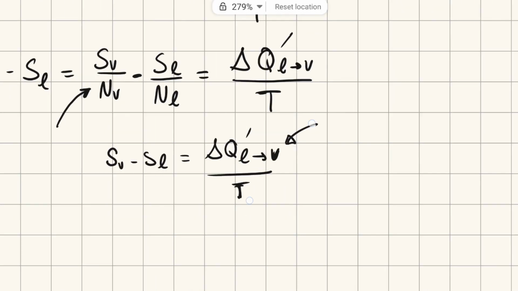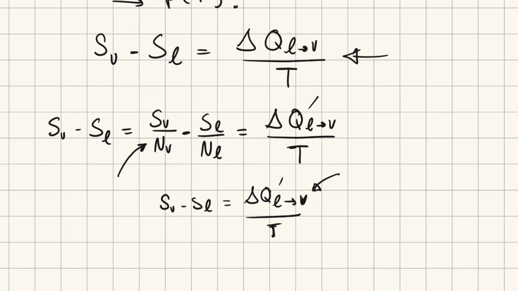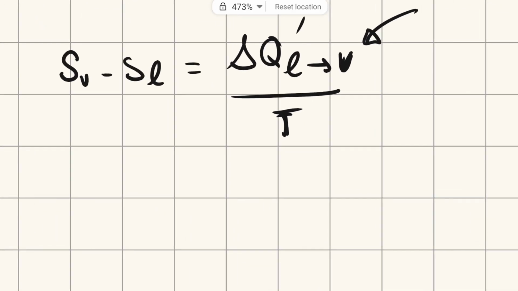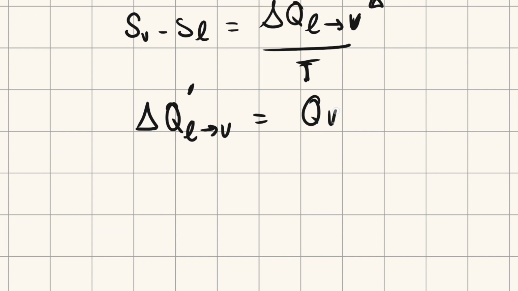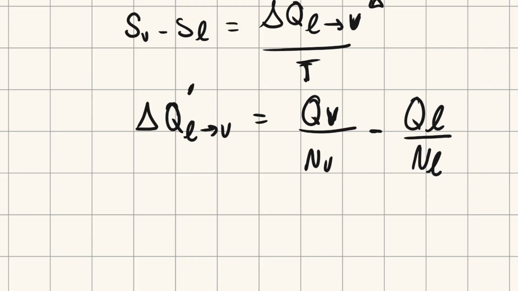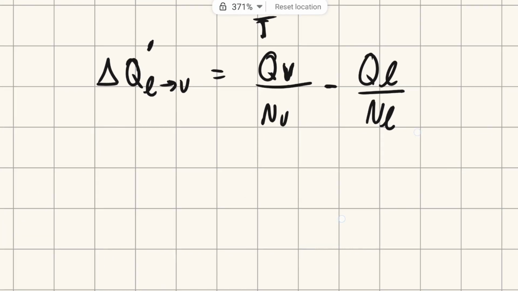That is different, because while the other expression tells us the amount of heat necessary to transform the whole liquid system into vapor, this one tells us the amount of heat necessary per unit of particle. And to finish, we can define this quantity as the heat of the vapor phase divided by N_V minus the heat of the liquid phase divided by N_L. Again, this is the quantity of heat required to evaporate one particle.